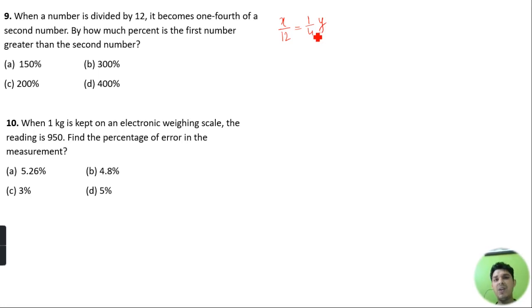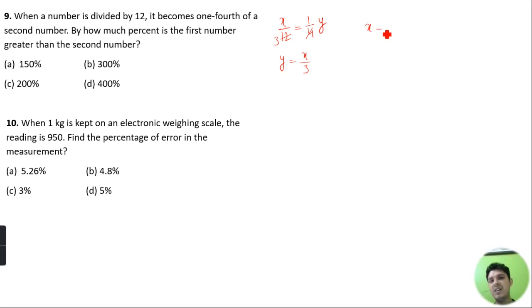By how much percent is the first number greater than the second number? If we solve for the value of y, y is equal to x divided by 3, and the first value is x. So we have to find by how much percent the first number is greater than the second number.